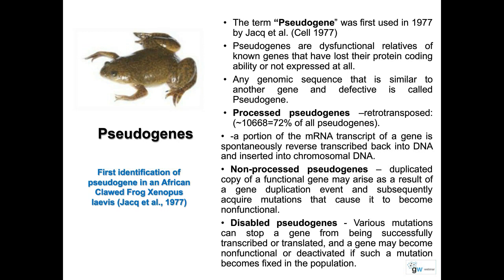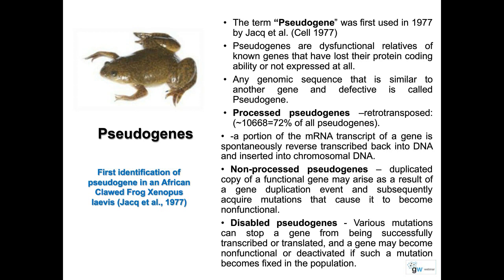A section of the human genome is duplicated and copied, and it gets inserted into a different location in the genome. This is called non-processed. These pseudogenes retain all the introns and exons, but they may not carry the regulatory elements, the 5' promoter and the others. Because of that, these non-processed pseudogenes are not expressed or are dysfunctional.